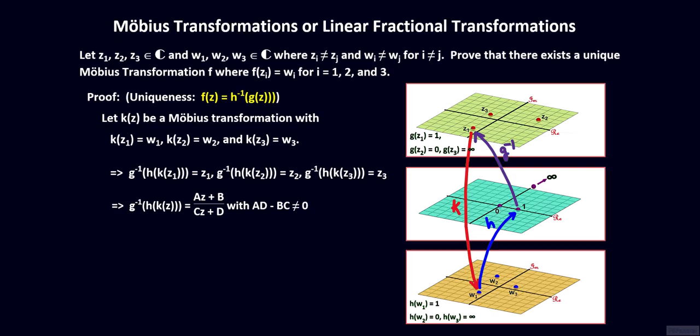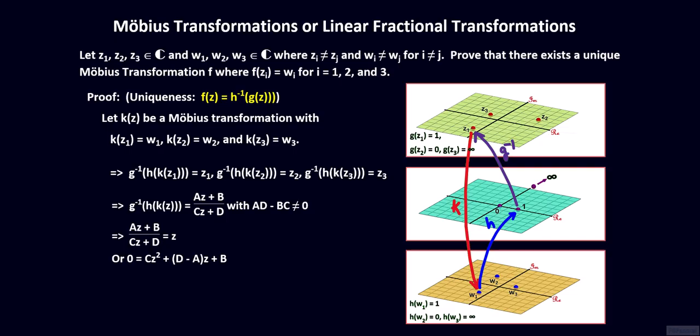The fixed points of G inverse of H of K all satisfy the equation the quantity az plus b divided by the quantity cz plus d equals z. We cross-multiply and move all the terms to the right side, and we have 0 equals c times z squared plus the quantity d minus a times z plus b.